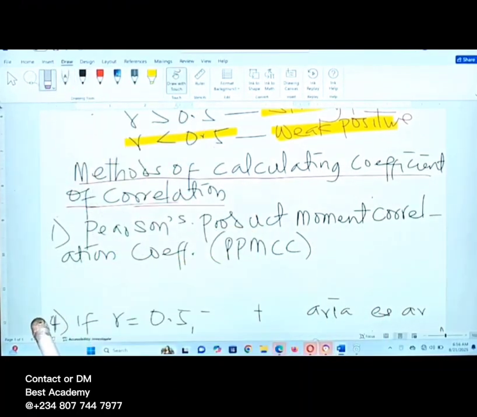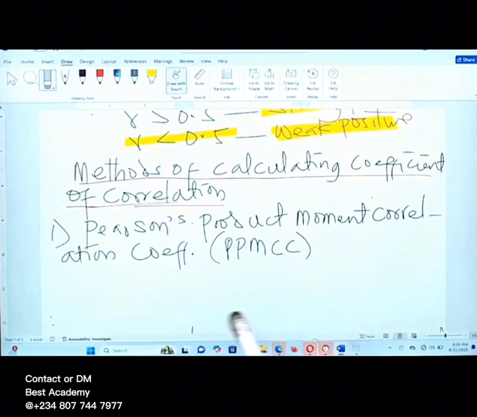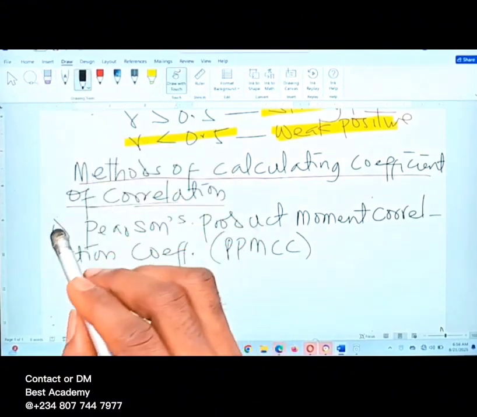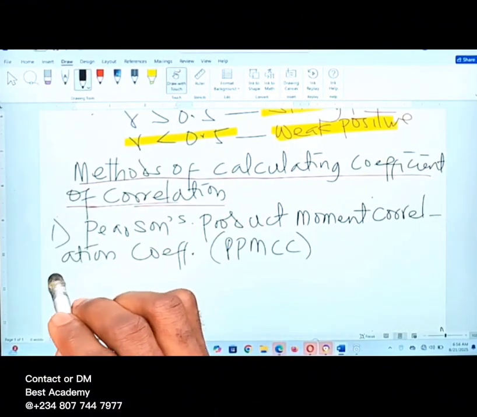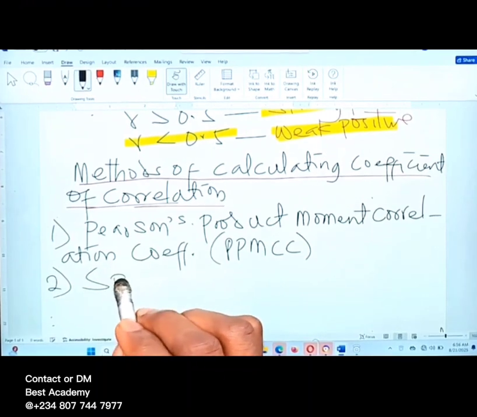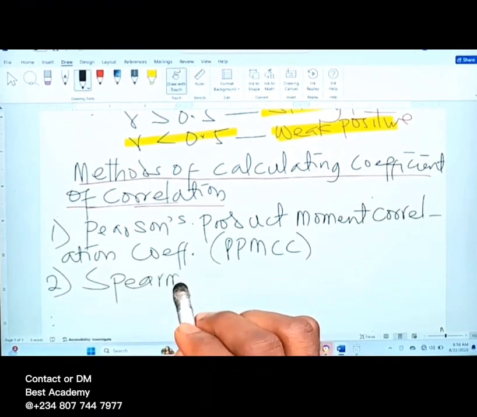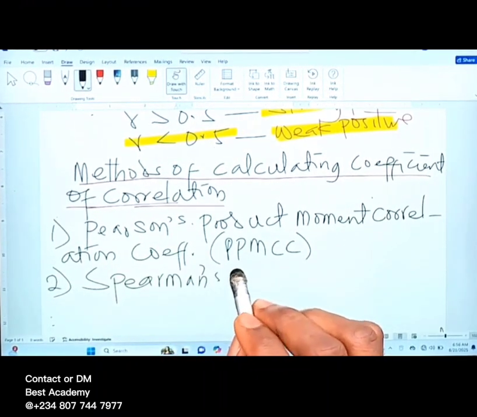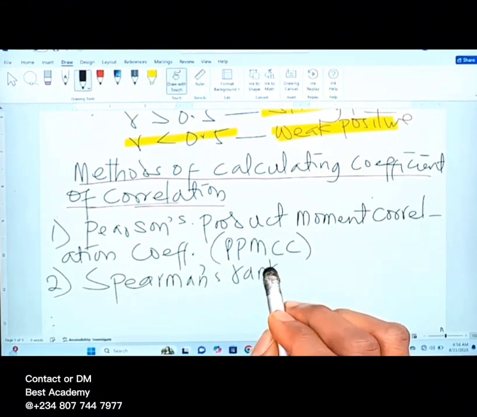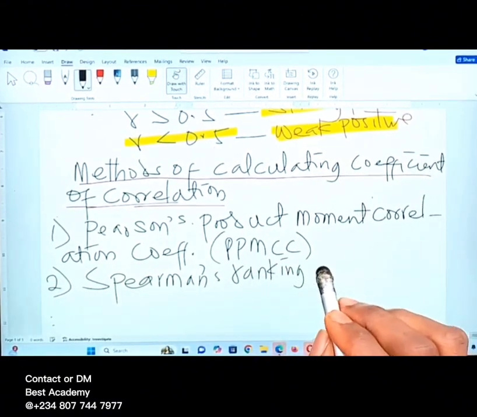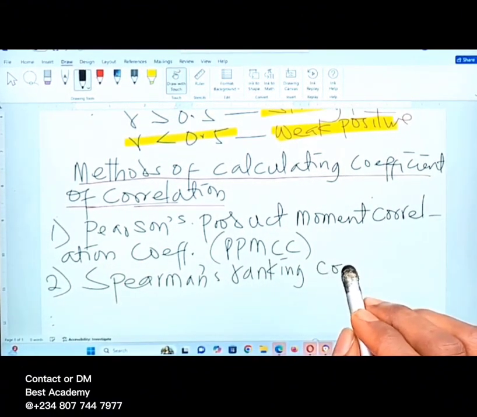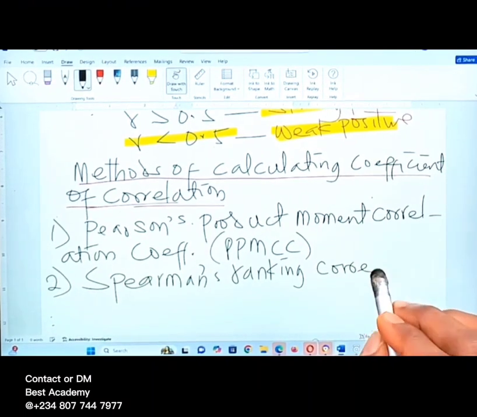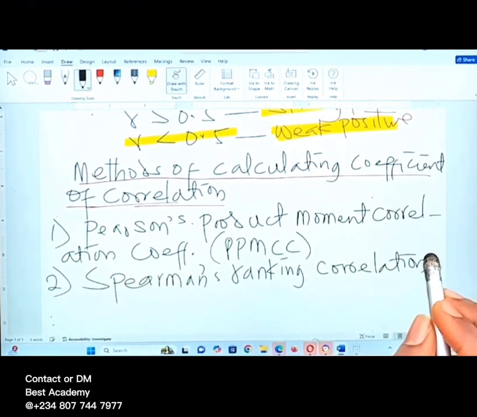The second one is Spearman's ranking correlation, or you can call it ranking correlation.